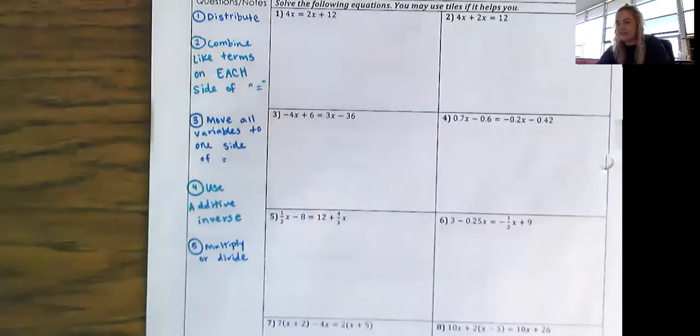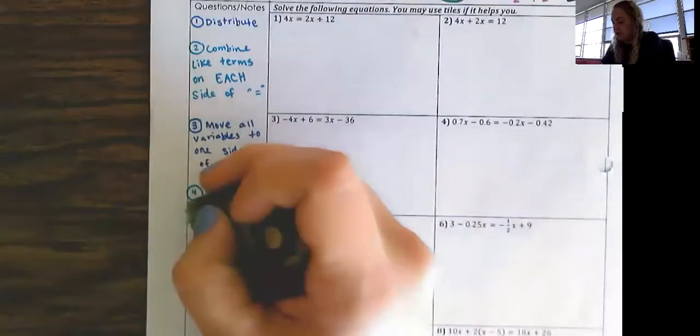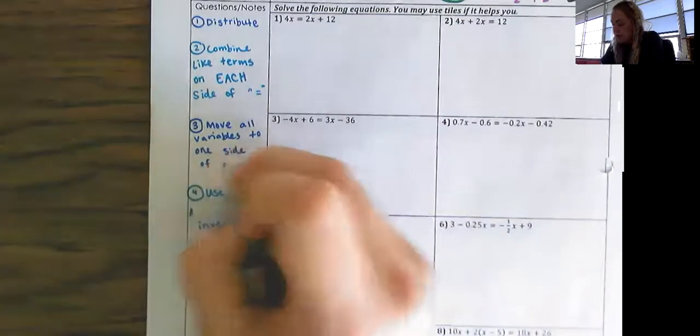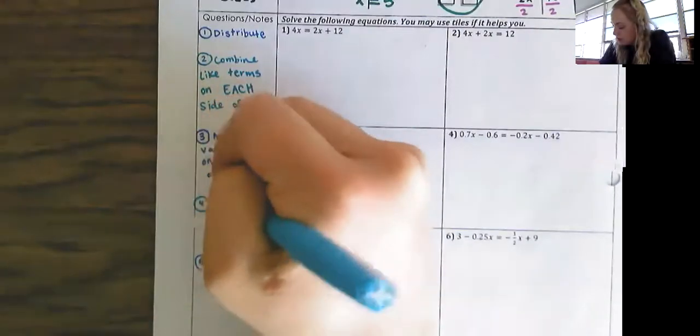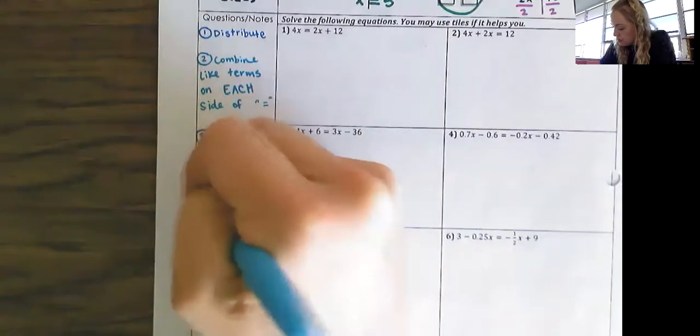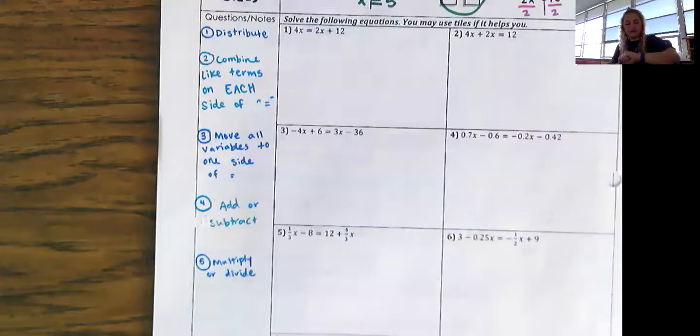And I'm thinking that instead of additive inverse, to make that make more sense for more people, I'm going to say add or subtract. Because that's what you're doing there.